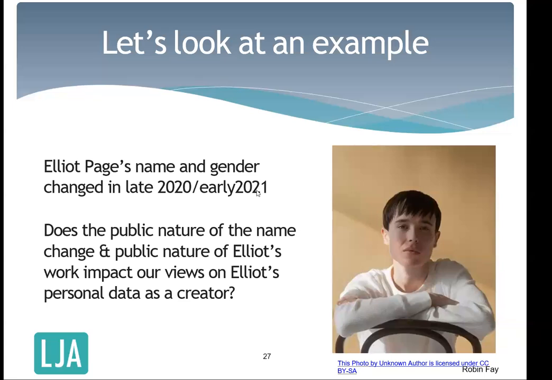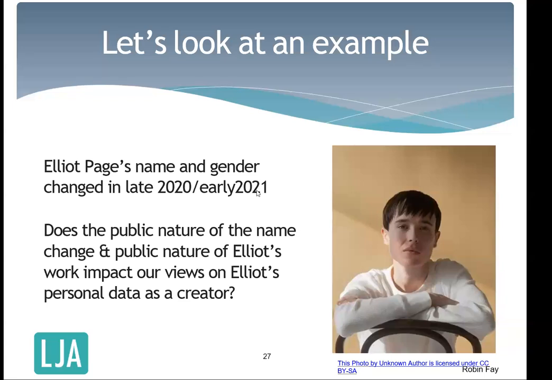Now, for public personas, it is a little bit different because, of course, they're out in public and maybe they've made a statement. And if they were famous or had a public persona before they had some changes to their particular identity, then a lot of times there's things under that old name and things under that new name.